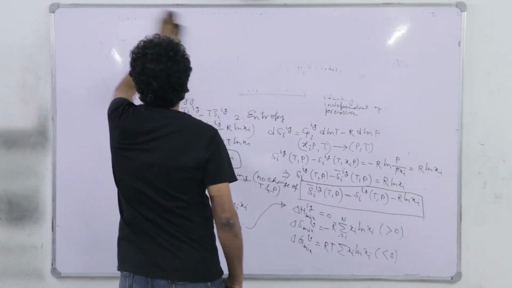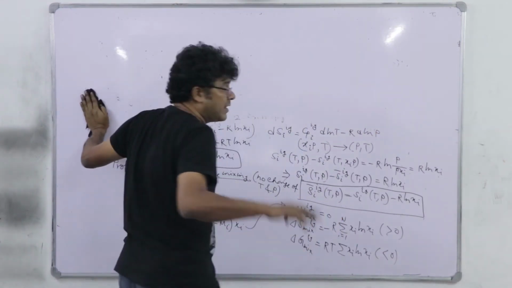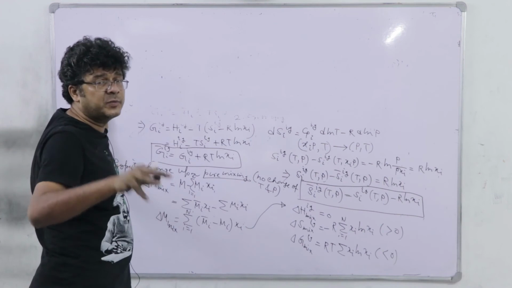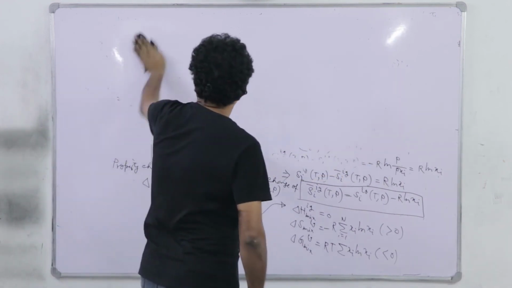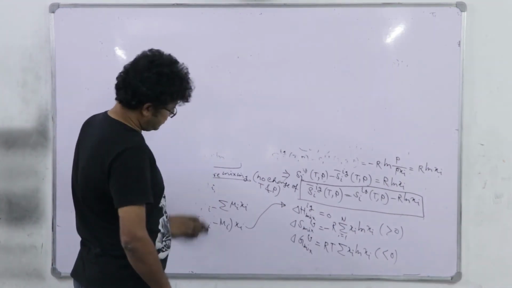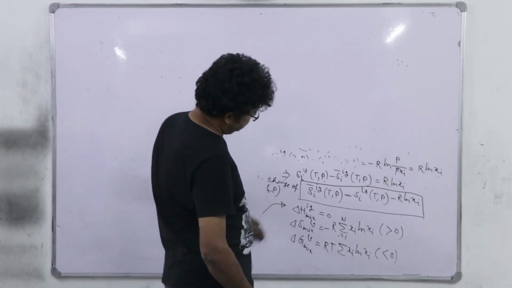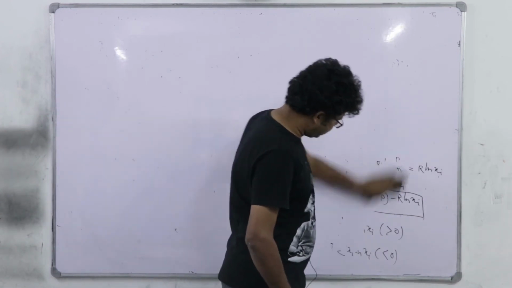For a pure ideal gas, first we will try to write the Gibbs energy. Now, we are actually going towards the measurement of Gibbs energy. So, how can we measure the Gibbs energy of a non-ideal gas, that is our primary problem, and let us see how we can solve it.